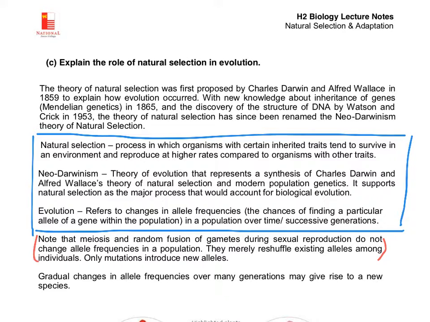So how did the story go? Charles Darwin was the first one to make all these observations. But at that point in time, there were a lot of religious standpoints as to how life forms came about. So he didn't want to rock the boat, so he said, I will wait and gather a lot more evidence.